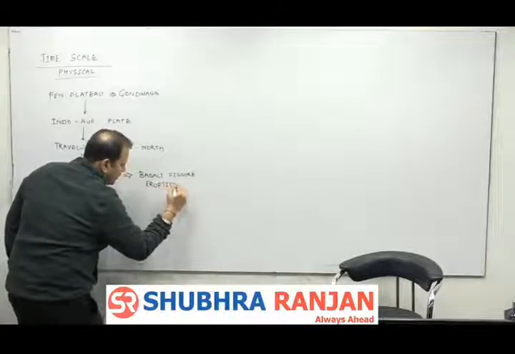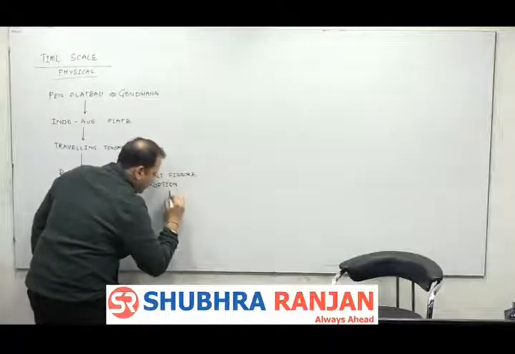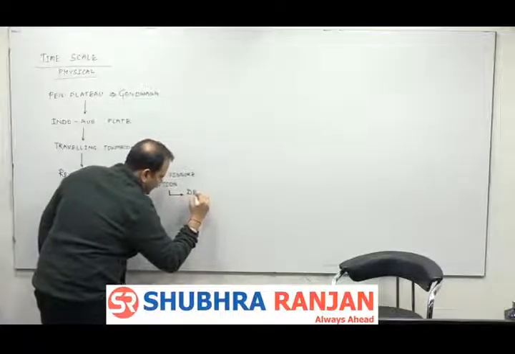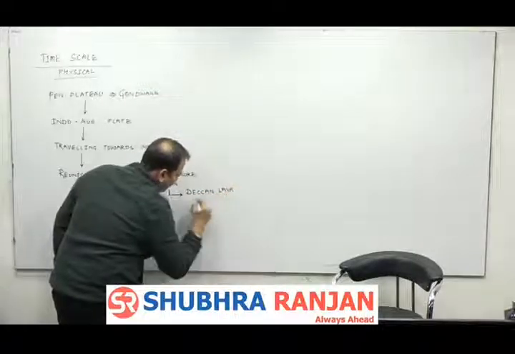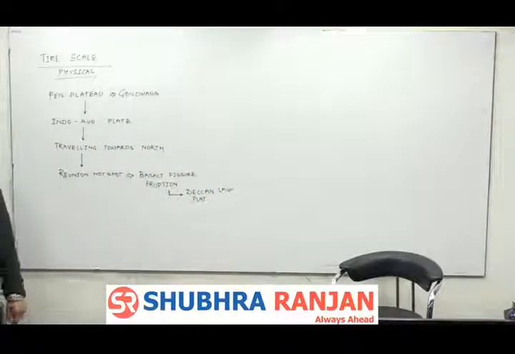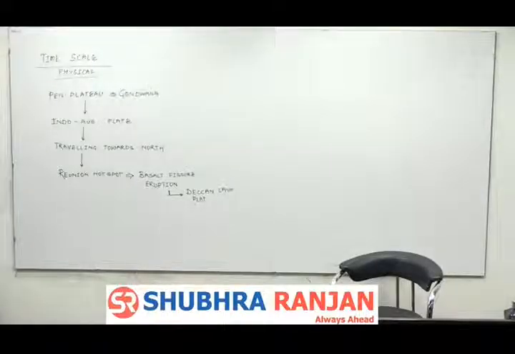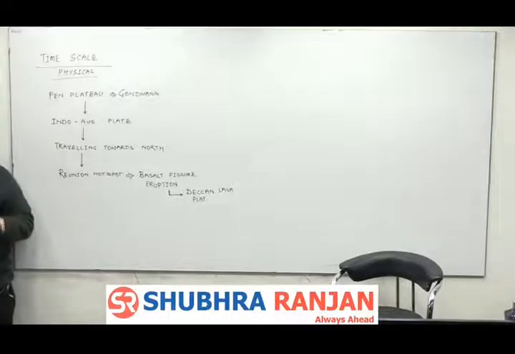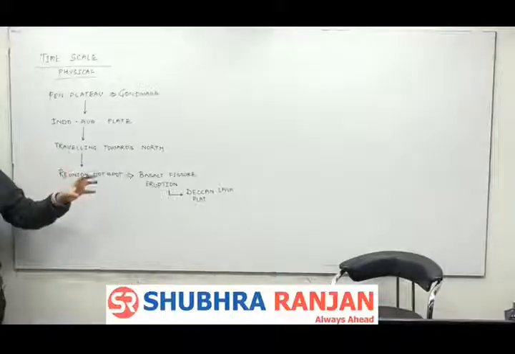It resulted in the formation of which part? Deccan lava plateau. Located on the western or eastern side of the peninsular plateau? Western side. So what I want you to remember is that the Deccan lava plateau is different from the peninsular plateau. It is not the same. The Deccan plateau is a part of the peninsular plateau.